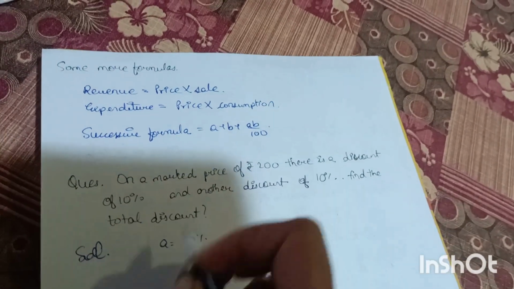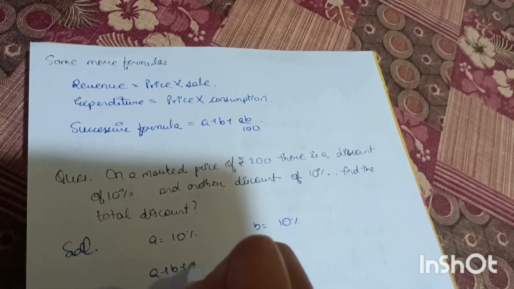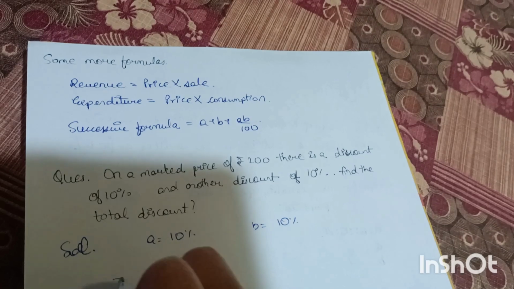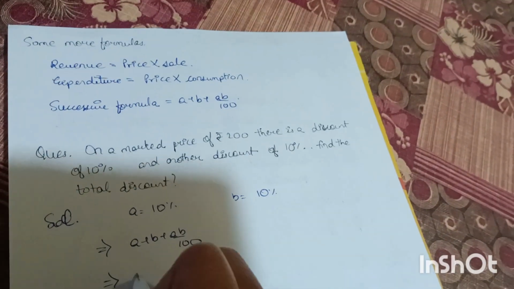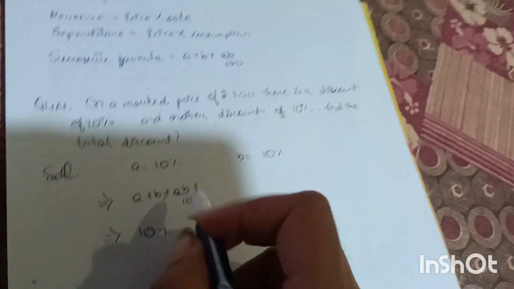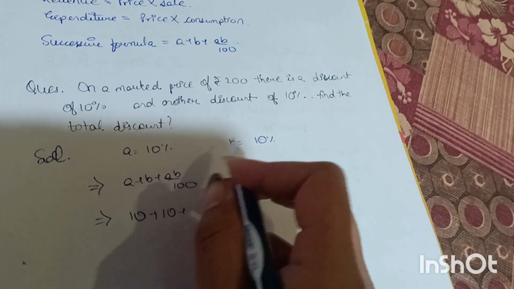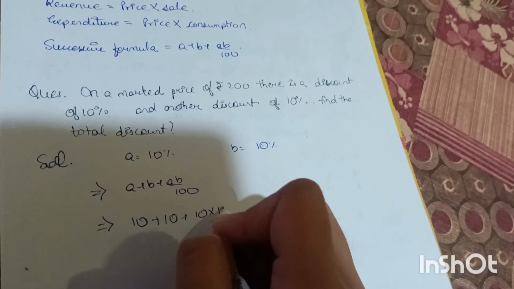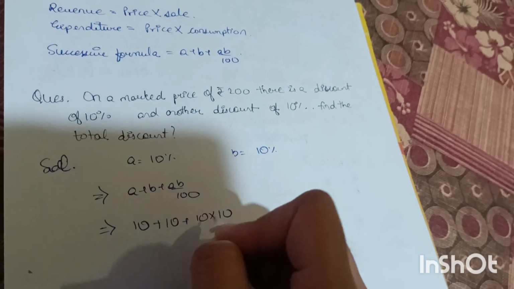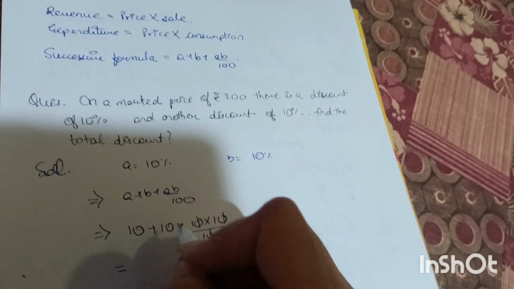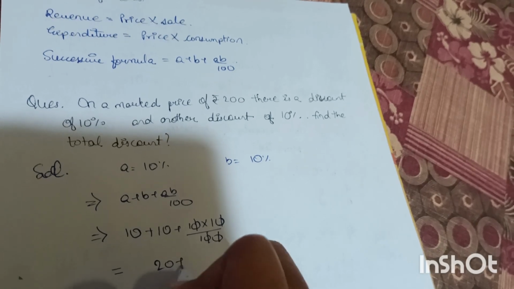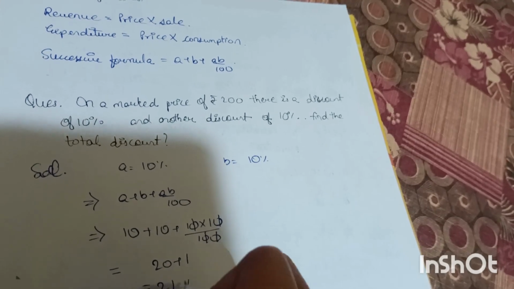So let's use the formula: A plus B plus AB upon 100. So in place of A you will write 10. So 10 plus 10 plus 10 into 10 upon 100, because it's AB, means A into B upon 100. So then you can cancel this out. 20 plus 1. So it will become 21%.